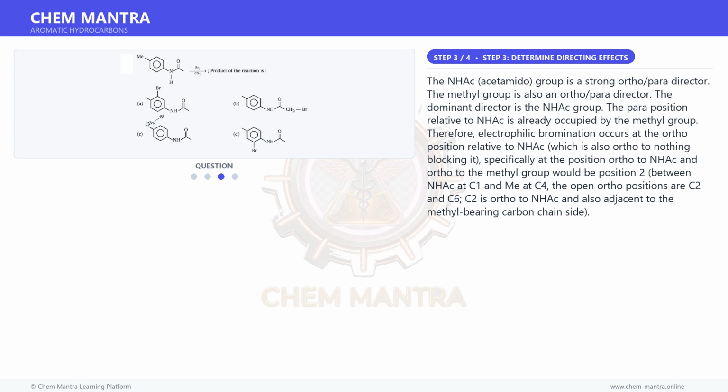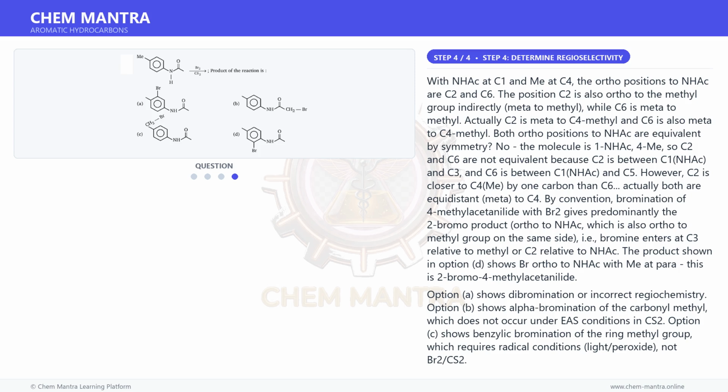And for the final step, with NHAc at C1 and Me at C4, the ortho positions to NHAc are C2 and C6. Actually, C2 is meta to the C4 methyl and C6 is also meta to the C4 methyl.